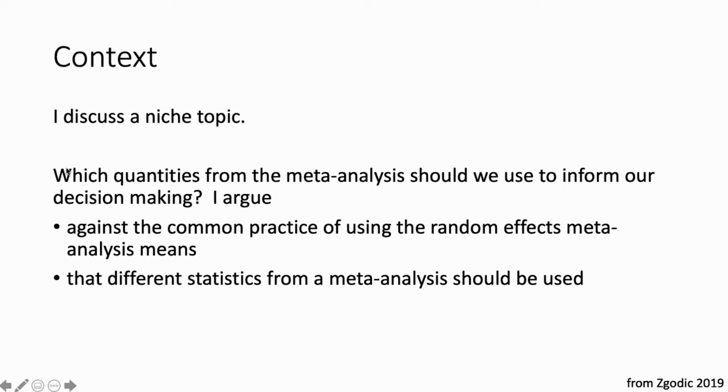So the simple question that I would like to pose is, which quantities from a meta-analysis should we use to inform our decision making? And I argue that, against what is the common practice, one should not be using the meta-analysis means, the random effects meta-analysis means, for informing decision making, and that different statistics from a meta-analysis should be used.